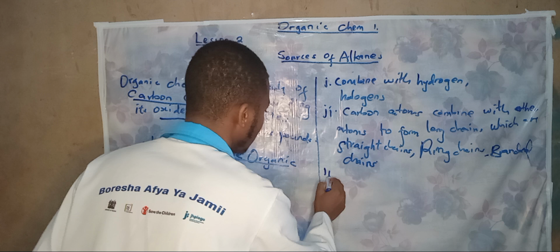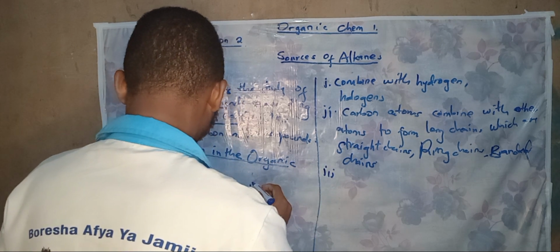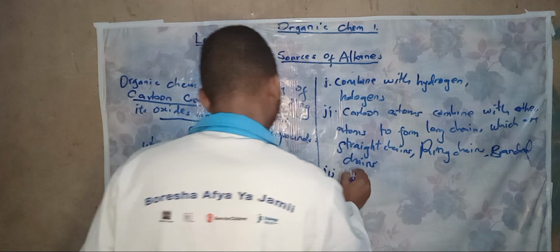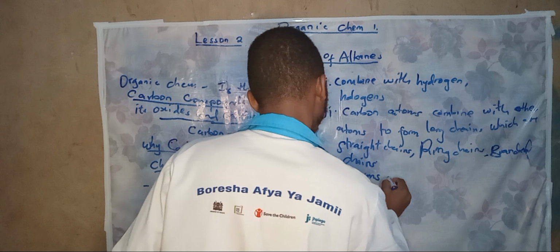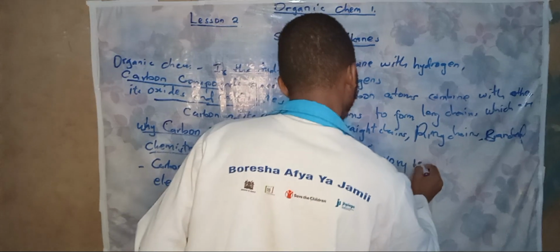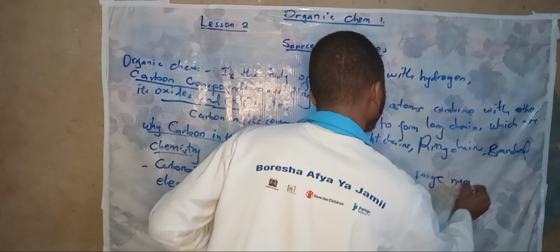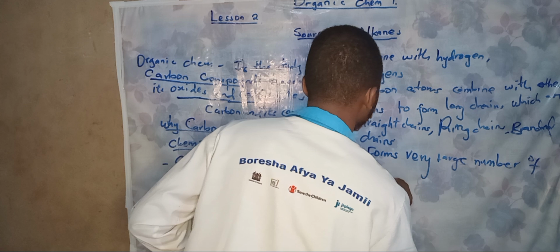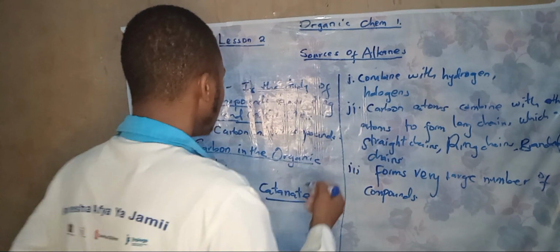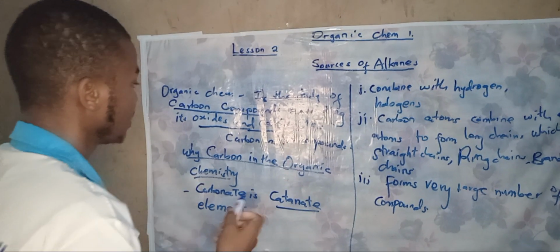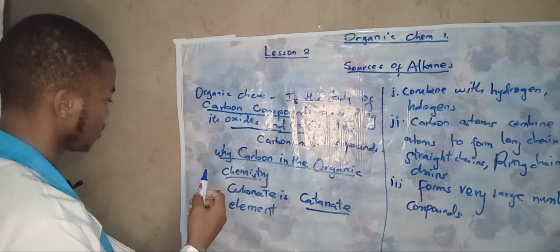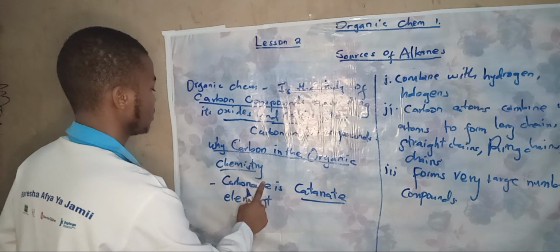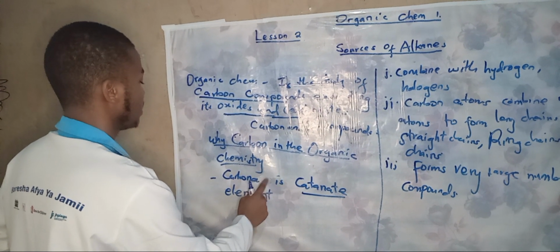Okay, let me add another, number 3. It forms a very large number of compounds. So that is the reason as we say carbon is a catenate element.